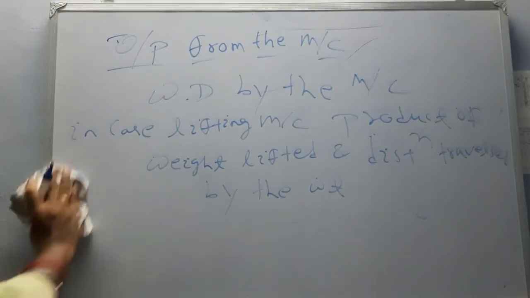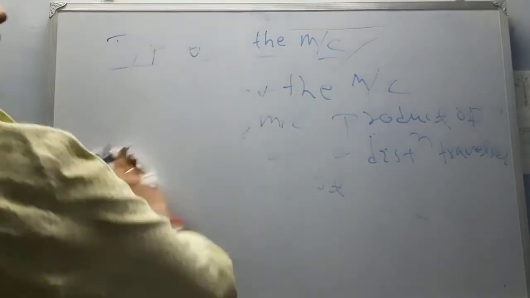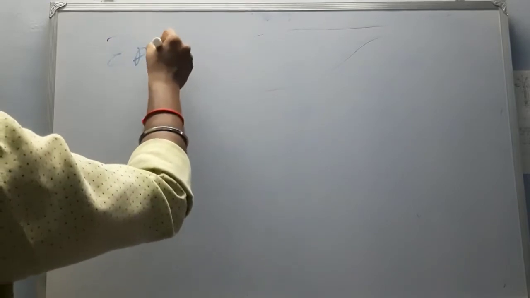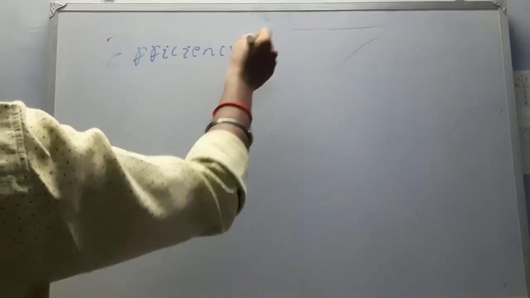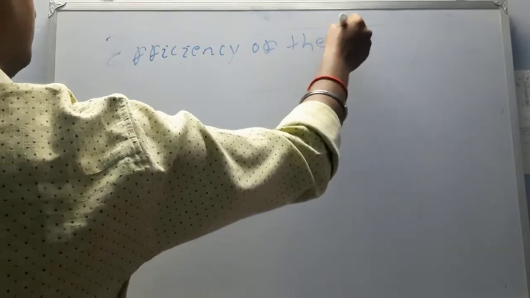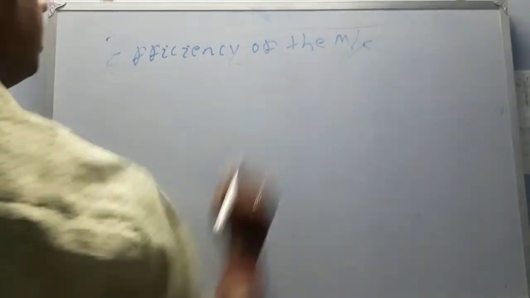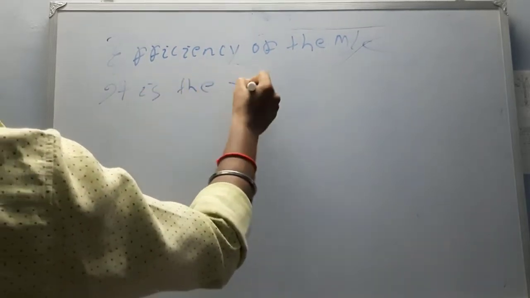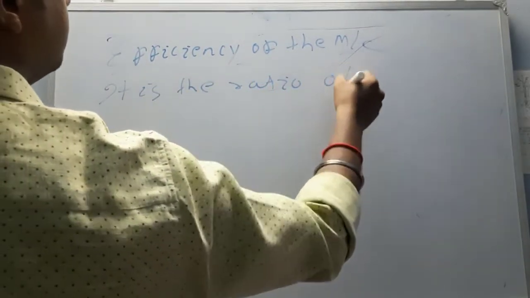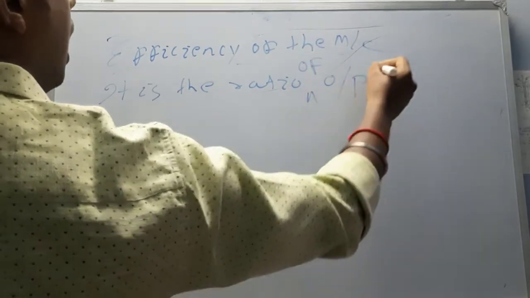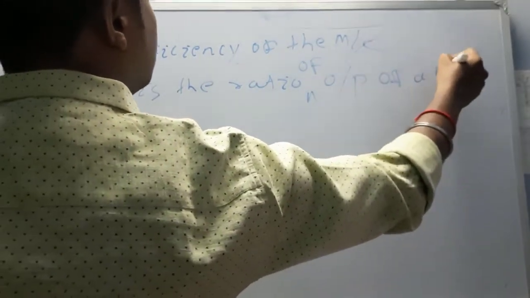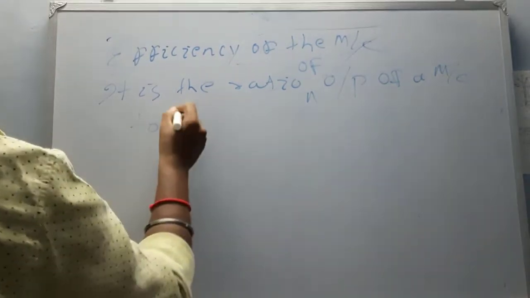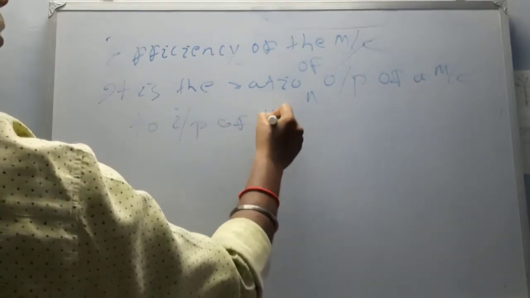Okay. Now another term, efficiency of the machine. Efficiency is, students, the ratio of output of a machine to input of the machine.